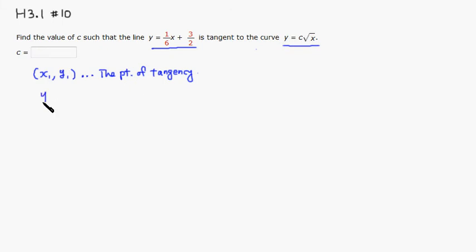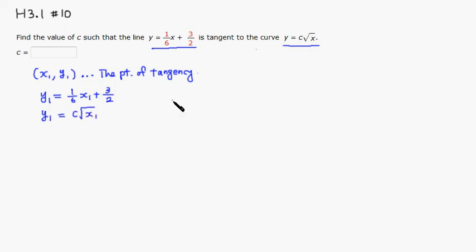So y1 is going to be equal to 1/6 x1 plus 3/2. And also it's on the curve, so we have this equation, y1 is equal to c times square root of x1.